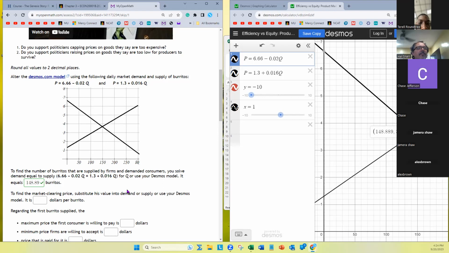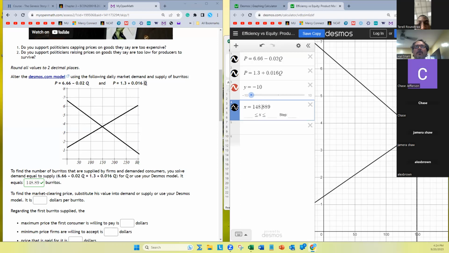All right. Now I got to find the market clearing price, right? Well, I can substitute this quantity that I just found into here, or I can substitute it into here, or I can come over here and I can just type 148.889.